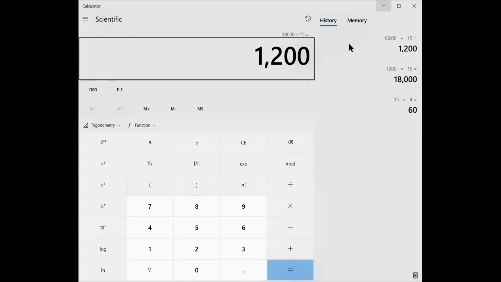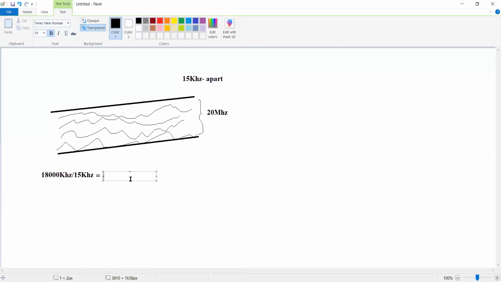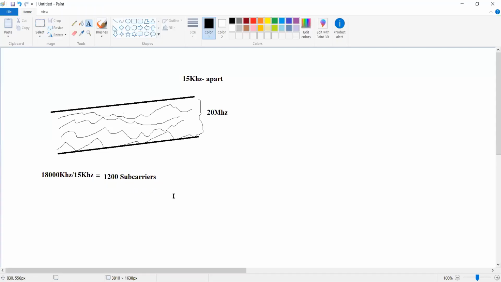So this is equal to 1200 subcarriers in a 20 megahertz bandwidth.